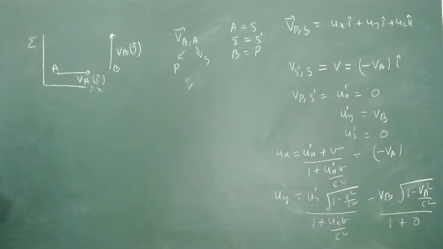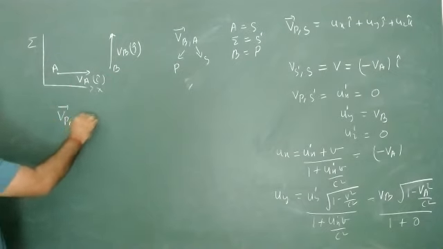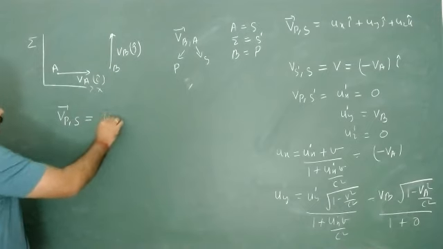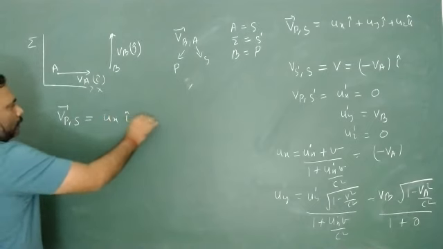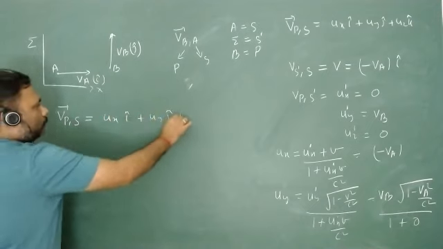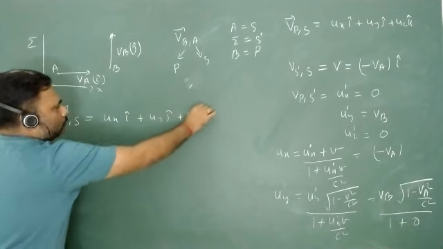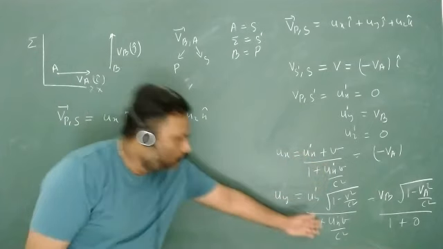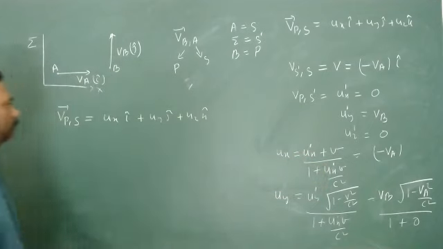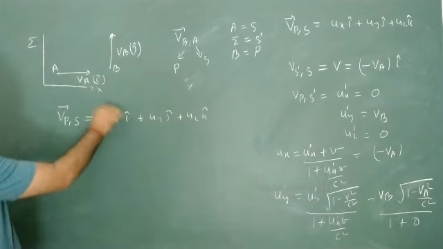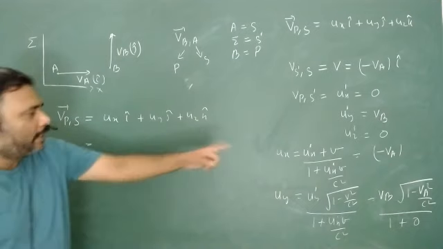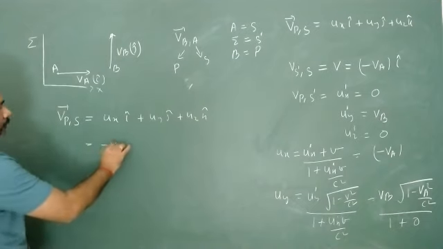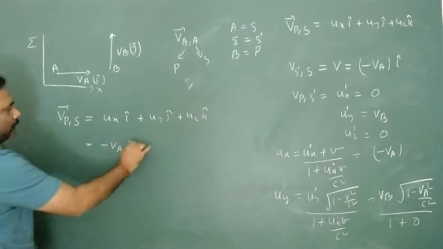Now, what is the velocity of the particle with respect to S? This is nothing but ux i plus ui j plus uz k. And uz will be 0, don't worry, because uz dash itself is 0 and ux dash is also 0. So what is ux? Minus va in i cap direction.